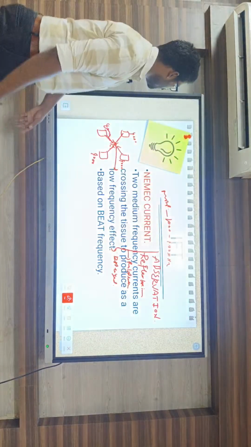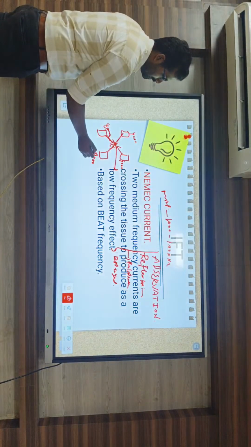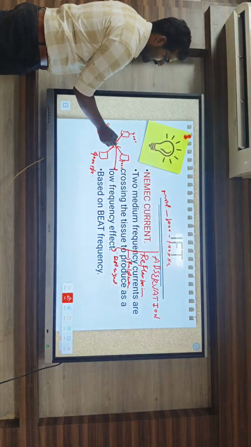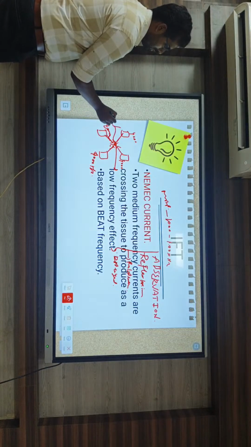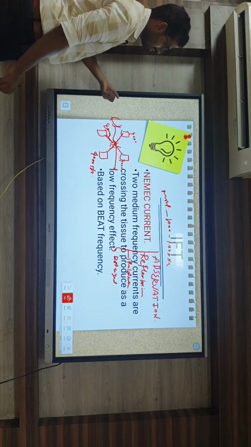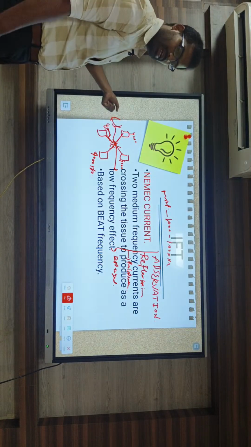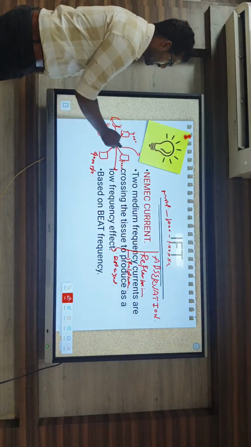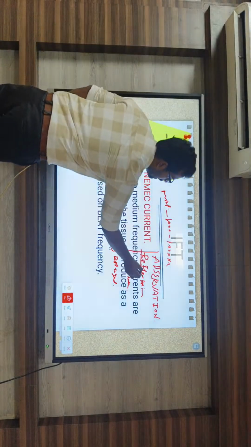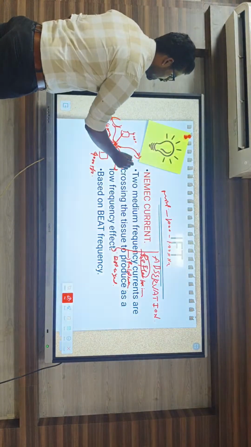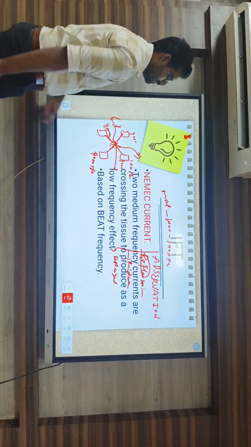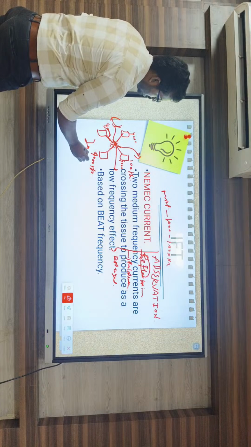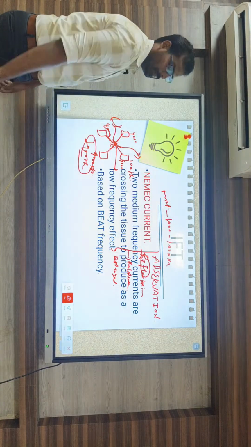Based on this, with the 4,000 hertz frequency, some amount of the current gets absorbed based upon the muscle tolerance. The balance amount of the current intensity is burst out based on reflection. So 100 hertz of the frequency is eliminated, and only 3,900 hertz is absorbed by the muscles.